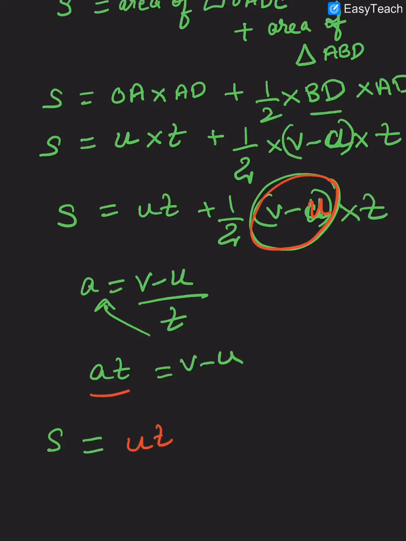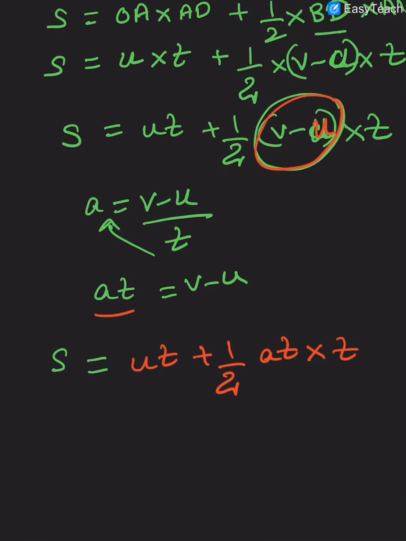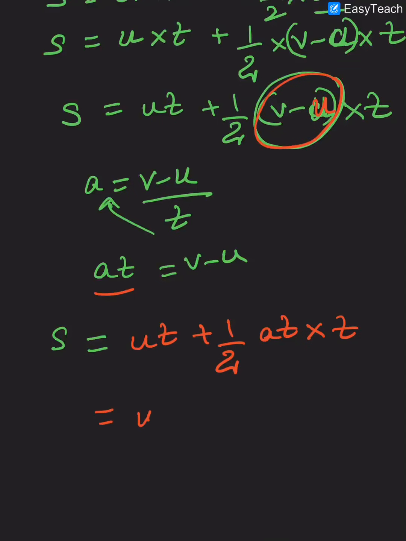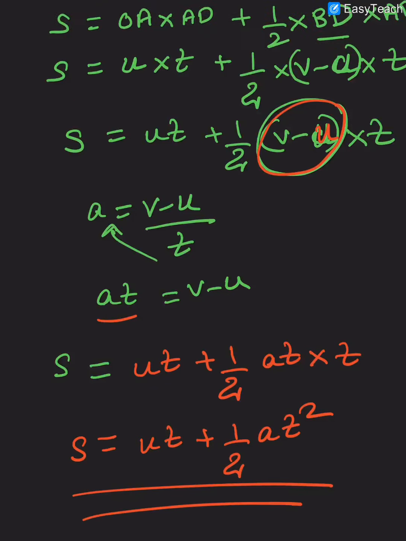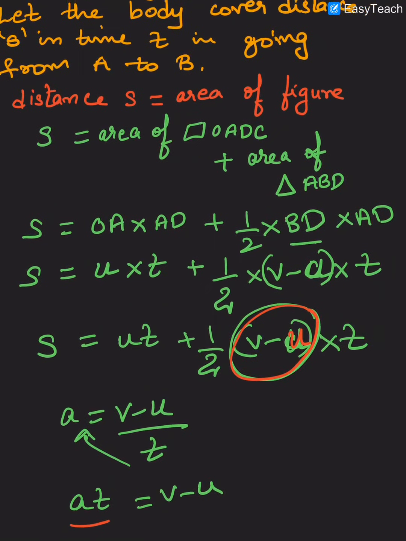So s equals ut plus half, in place of v minus u put at, into t. So you got your second equation, s equals ut plus half at square.